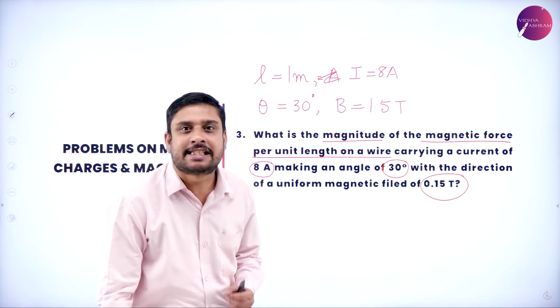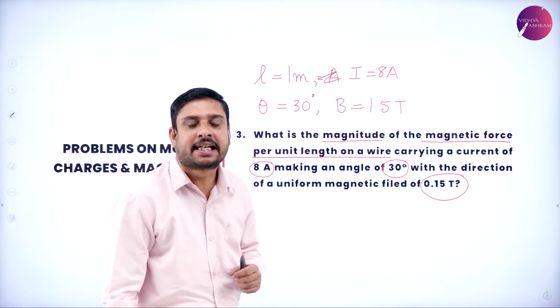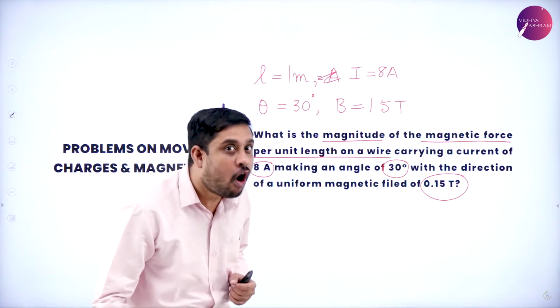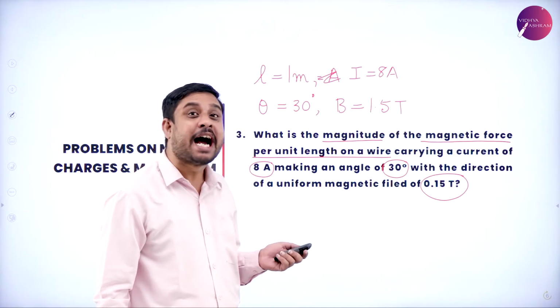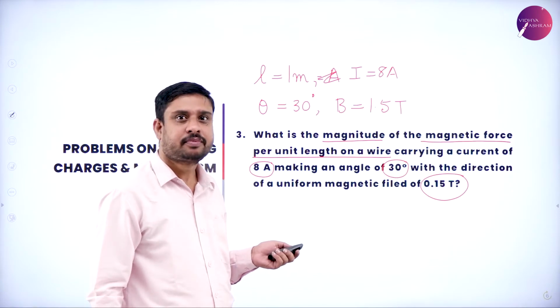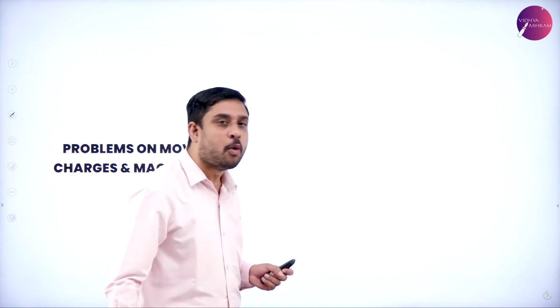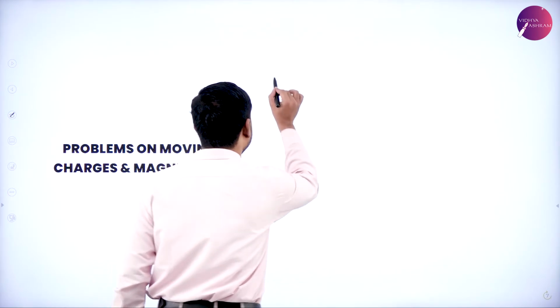So this is a concept of magnetic force acting on a current-carrying conductor, not a charged particle. So what is the expression for force here, students?